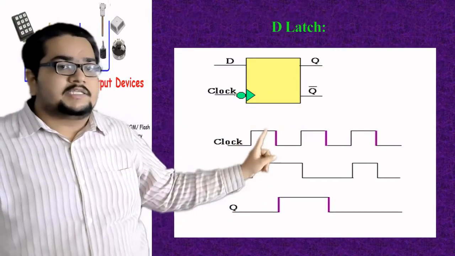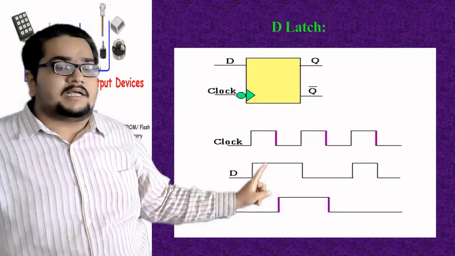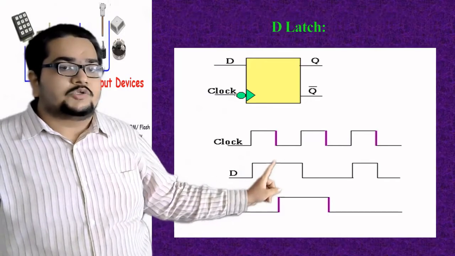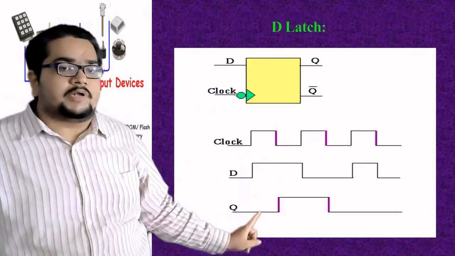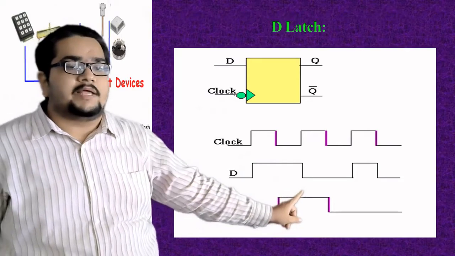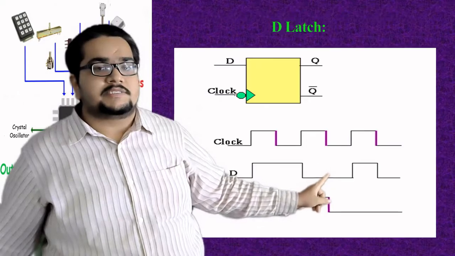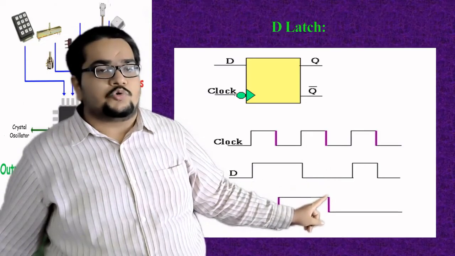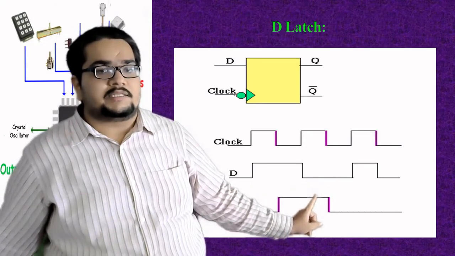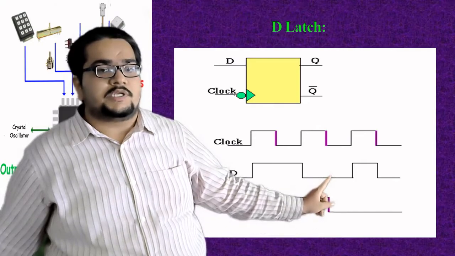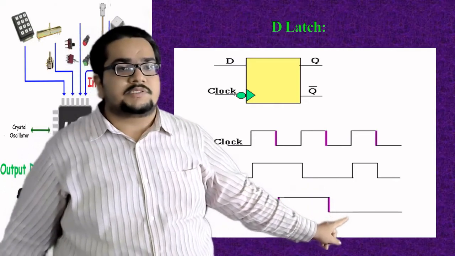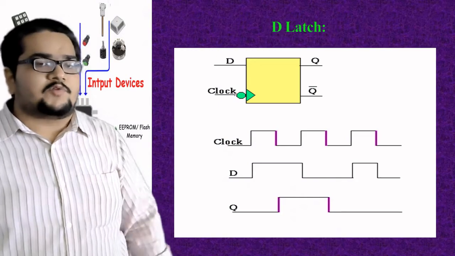At this particular triggering point, you can see that the data D is high, so the next state of Q, earlier 0, became 1. Similarly, on this trigger, D is 0, and Q, initially 1, becomes 0 as its next state. So this is the D latch, or D flip flop, we can say.